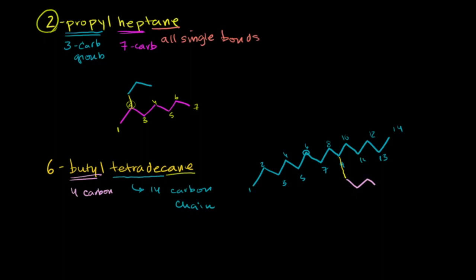From the right-hand side you have to give the numbering 1, 2, 3, 4, 5, 6, and that becomes 6-butyl tetradecane. Clear? So it matters only how you give the numbers. You have to number in a way that your substituent gets the lowest possible number.